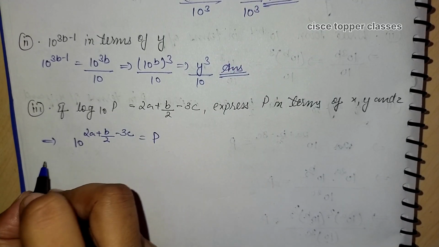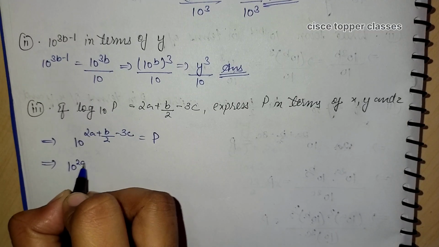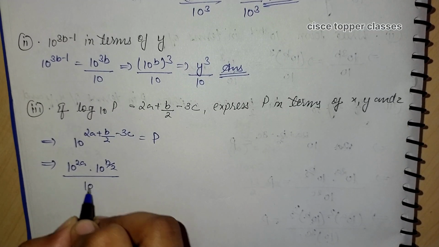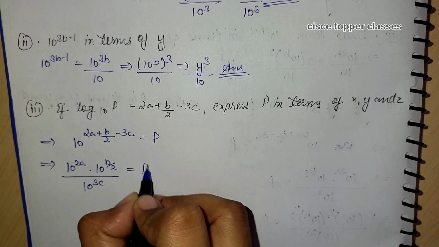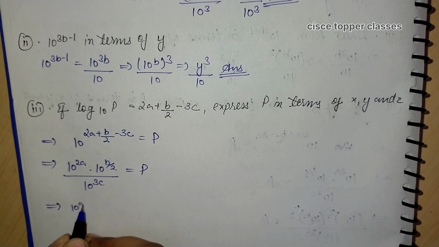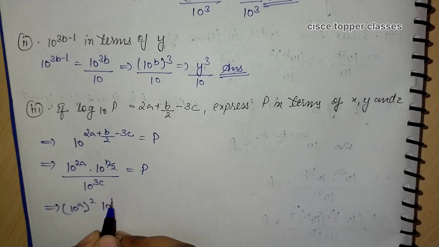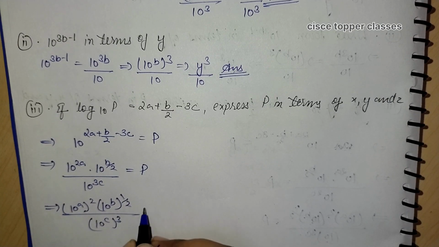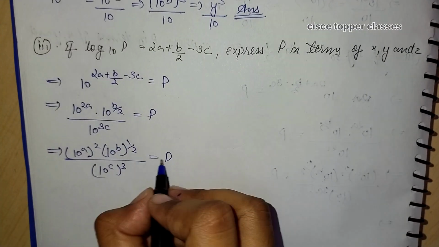So firstly we will write 10 to the power 2a into 10 to the power b by 2 divided by 10 to the power 3c equal to p. So 10 to the power a whole square, 10 to the power b half, 10 to the power c whole cube equal to p.